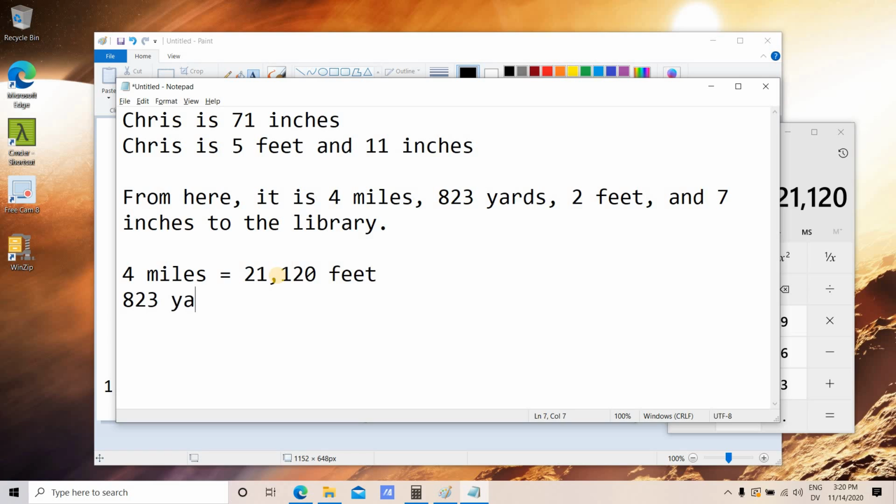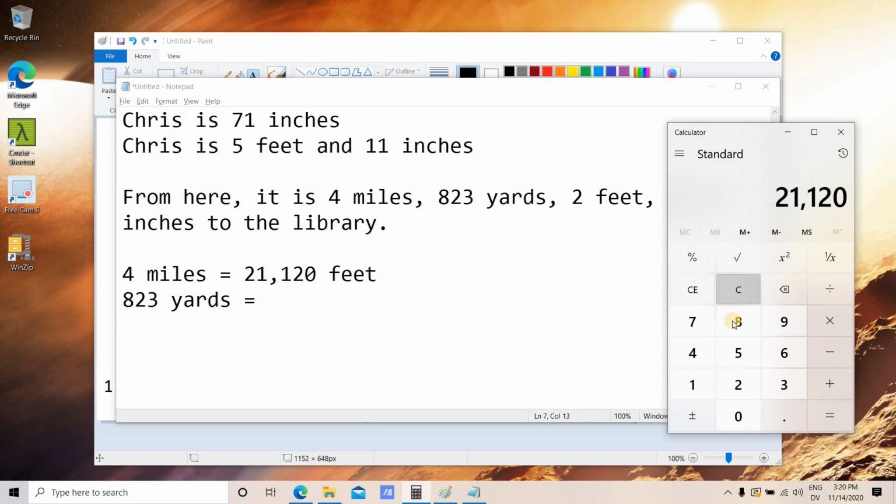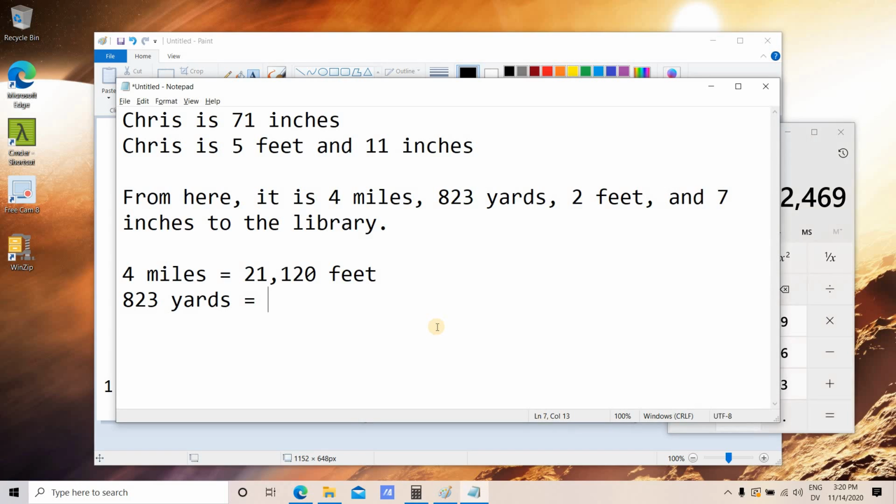823 yards, and 1 yard is 3 feet, so times 3 is 2,469 feet, let's keep the comma there. And then there's 2 feet and 7 inches.